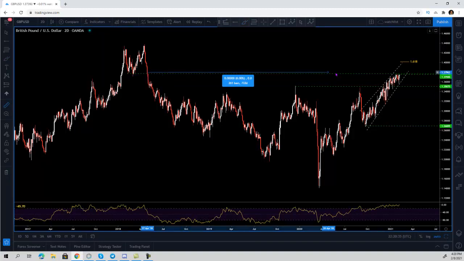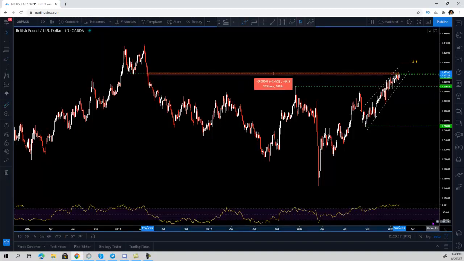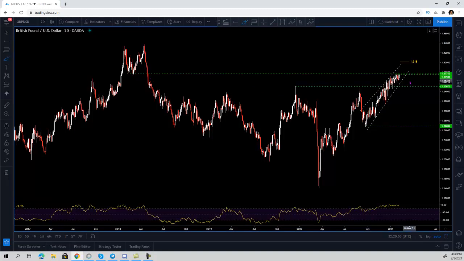That's 1,018 days of price action where the pound was trading below the 137 or 138 level against the US dollar. So yes, this is a massive level where sellers are placed.